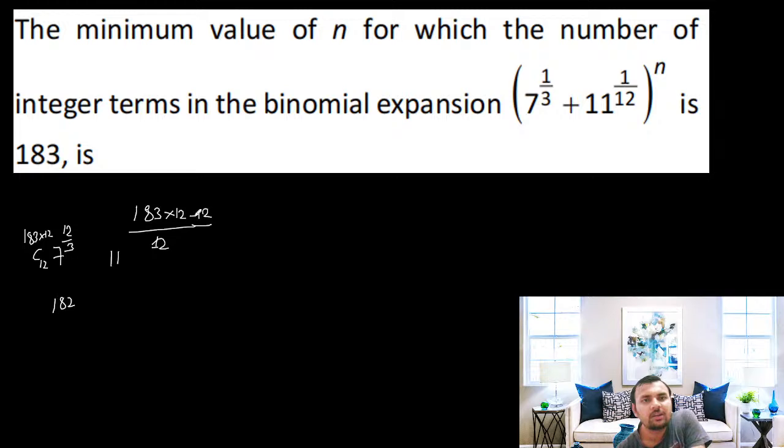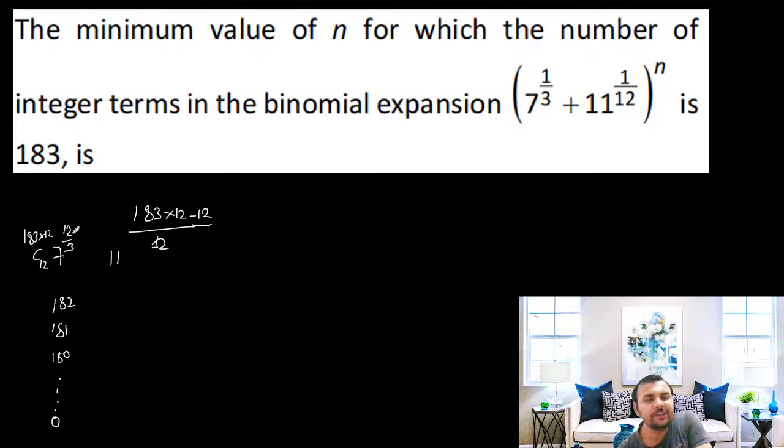This is r. 181, 180, dot dot dot 0. So when it is 0, it is 180, 183.